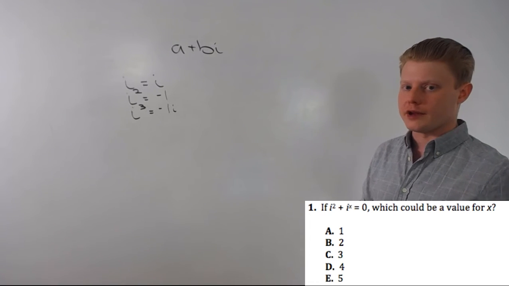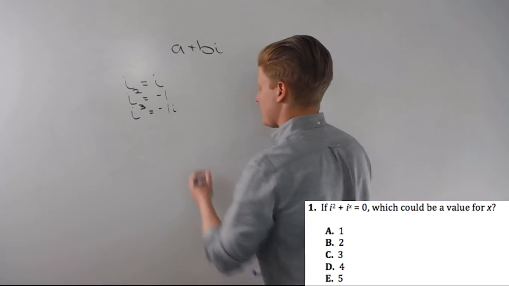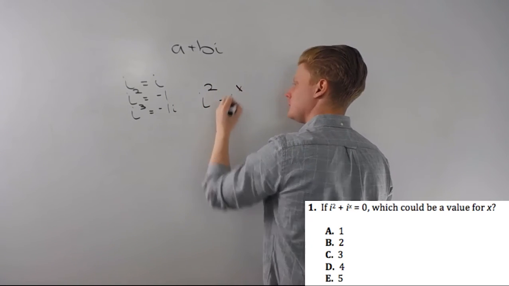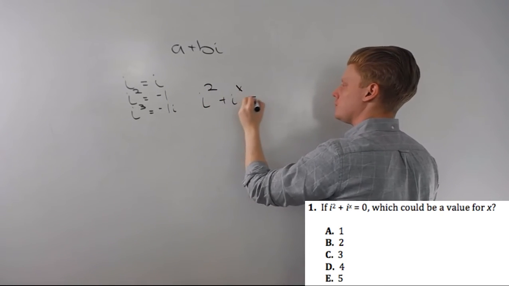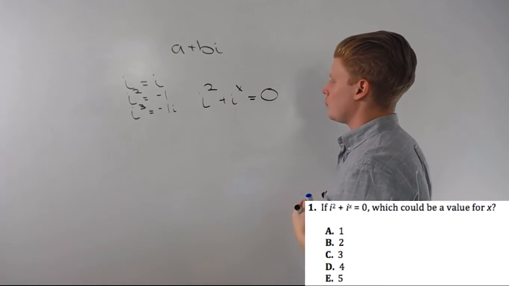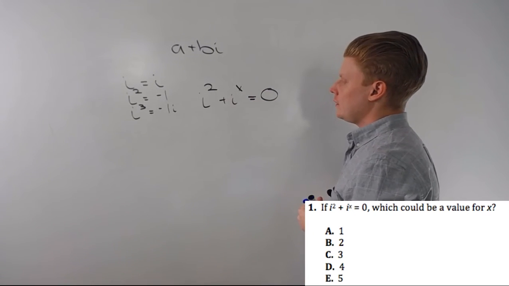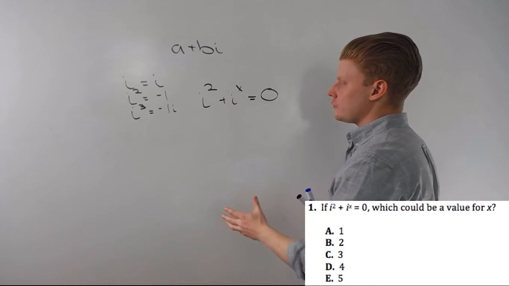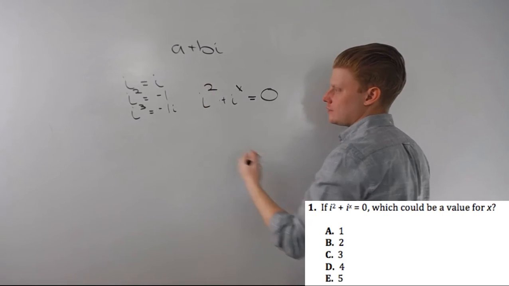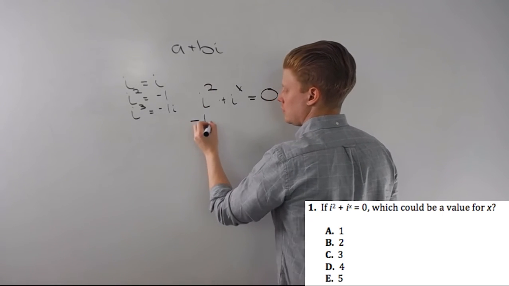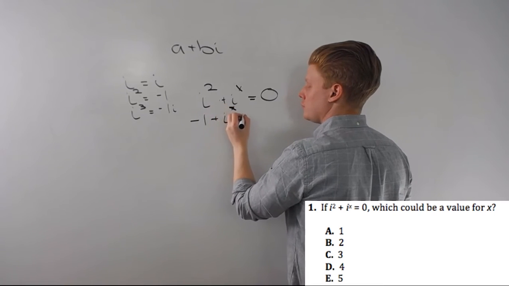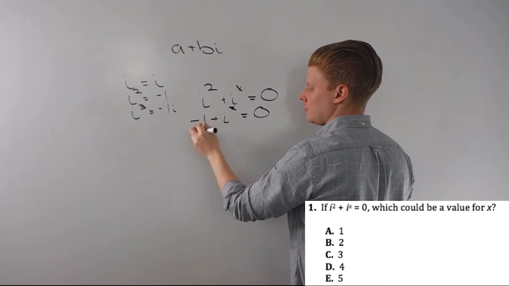Let's look at the problem down at the bottom of your screen. If I squared plus I to the x is equal to 0, what could be a value for x? Well, first, let's follow the rule. Let's go ahead and make this into a -1. So now we have -1 plus I to the x is equal to 0.